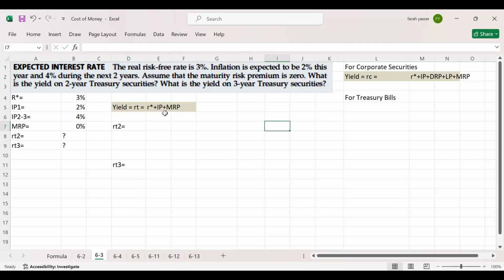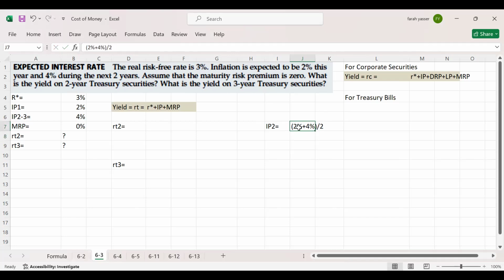So for RT2 and RT3, inflation is required. So average inflation for 2 years. How will we calculate it? First year inflation is 2%. Second year inflation is 4%. So we will divide it by 2 in order to calculate 2 years average inflation.